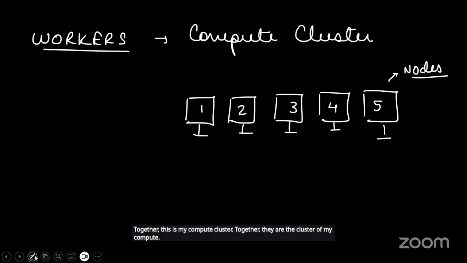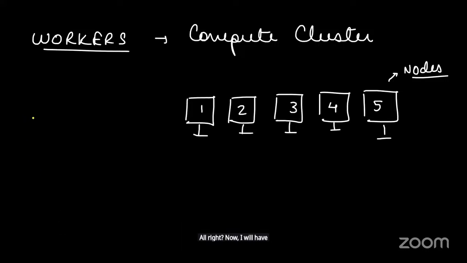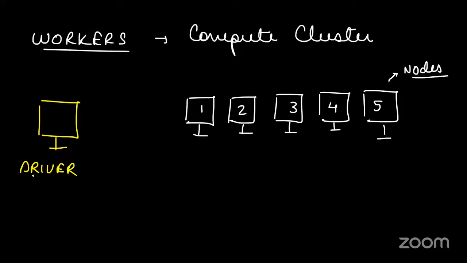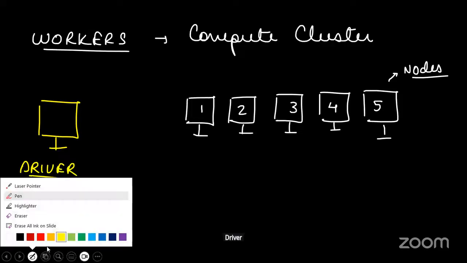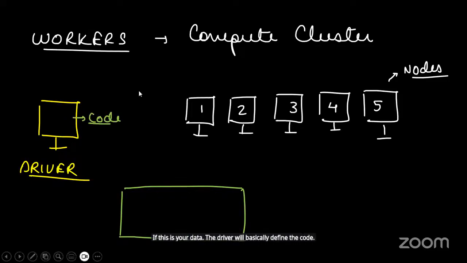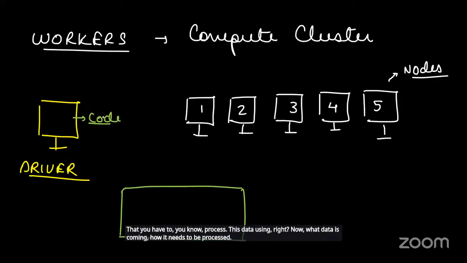Now, I will have a separate computer, which is not a worker, but a driver. Already discussed that, right? What is the job of the driver? If this is your data, the driver will define the code that you use to process this data. What data is coming, how it needs to be processed, all of that will be defined in the code.